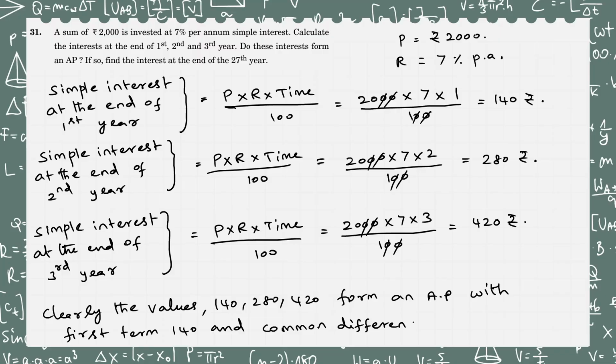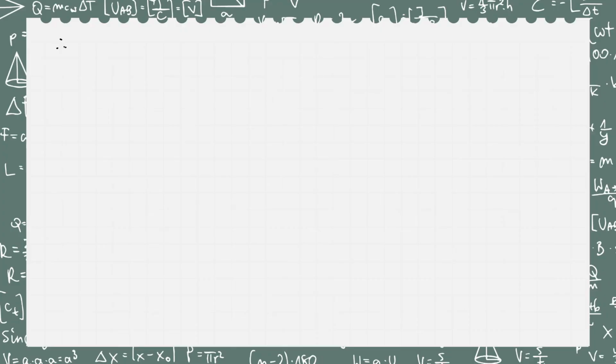Correct? Common difference 140. Therefore, 140, 280, 420, etc. is an AP. So, now we are going to find the 27th term of this AP.